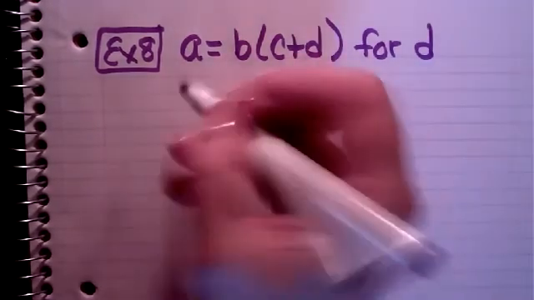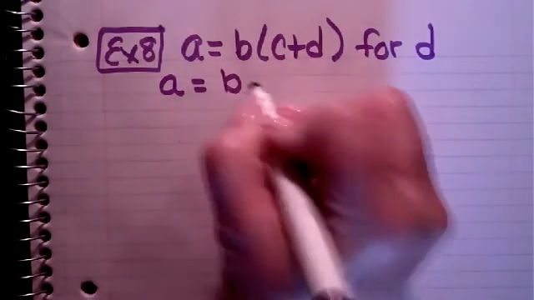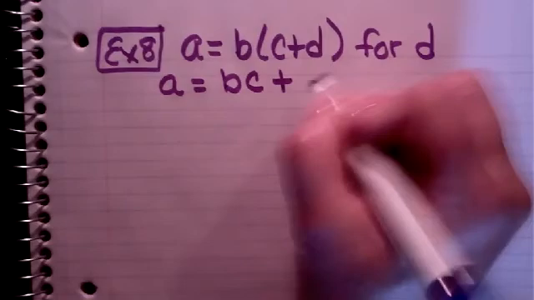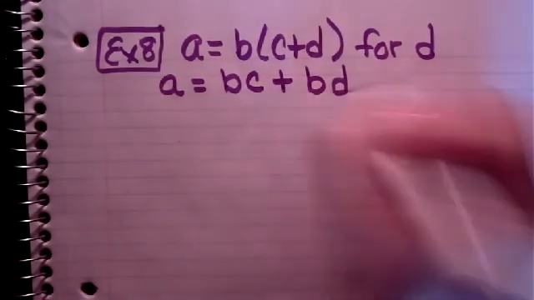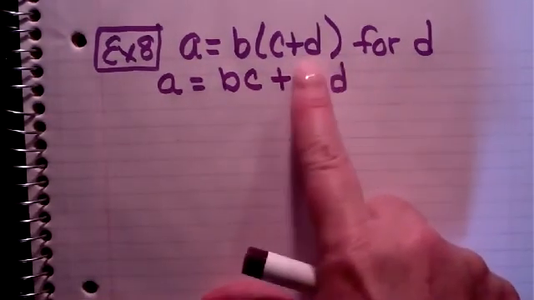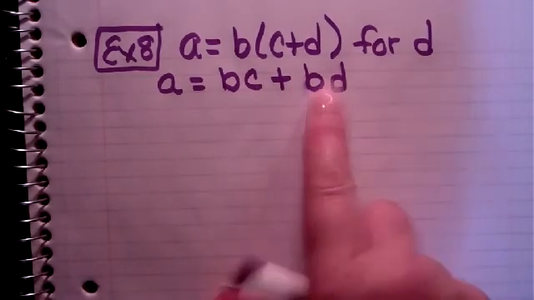Okay, so what I'm going to do first step is the distributive property. So B times C is BC plus B times D is BD. Now you notice that the D is in this one term right here all by itself. So it's going to be easy to isolate.